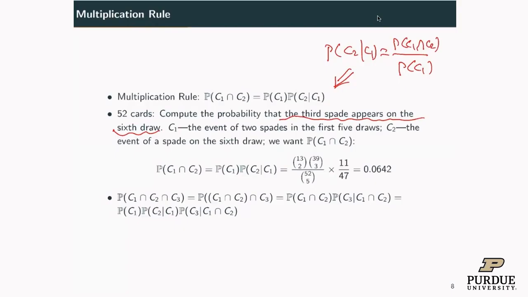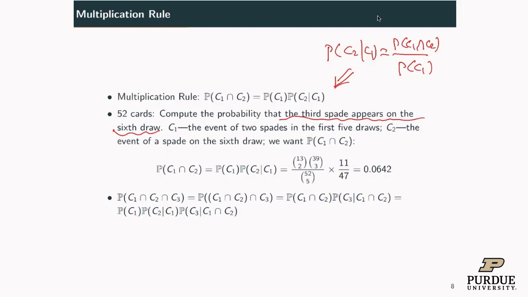What is probability C1? 2 spades in the first 5 draws: 13 choose 2 times 39 choose 3, over 52 choose 5. Now we already know the first 5 draws have 2 spades. What's the probability of a spade on the 6th draw? It's 11 over 47, since we have 47 cards left. So we can calculate the probability.